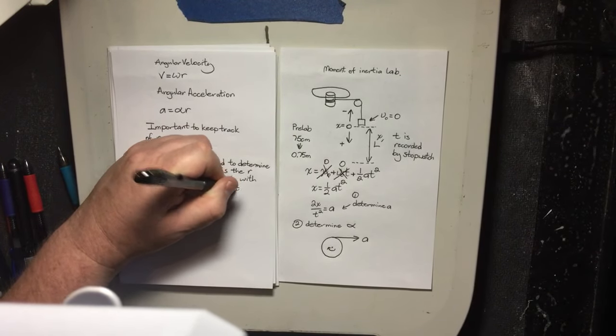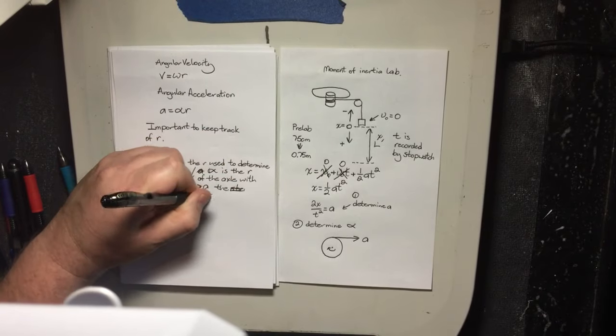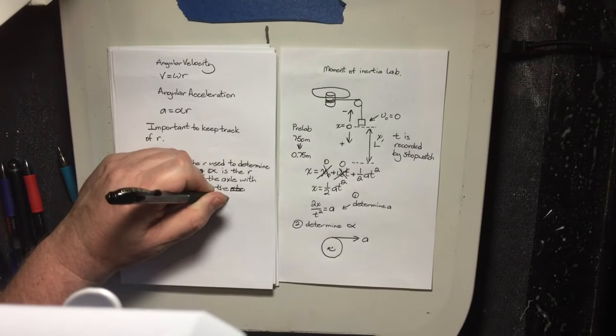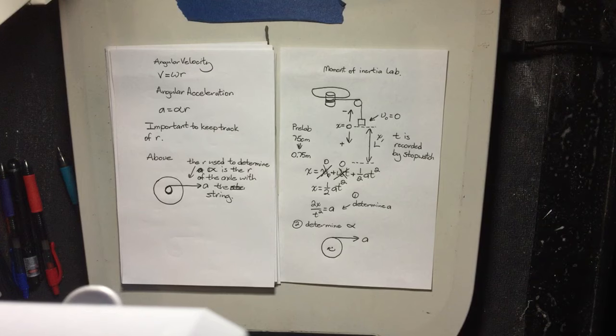The string is wrapped around the inner axle, not around the outer axle, or the outer circle, or whatever you want to call it.